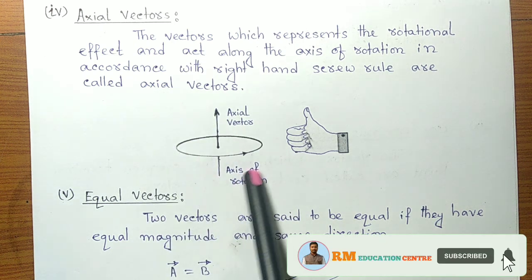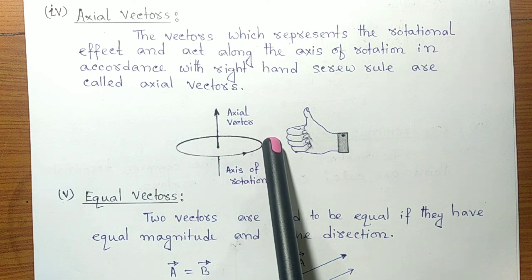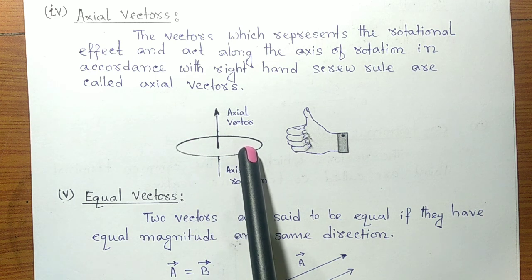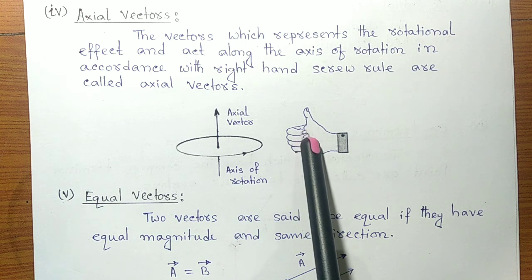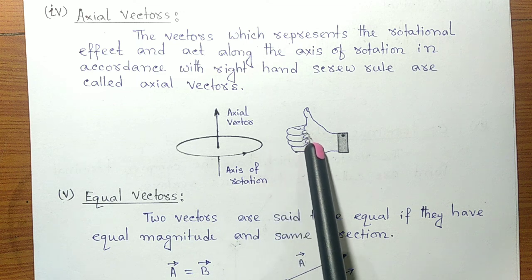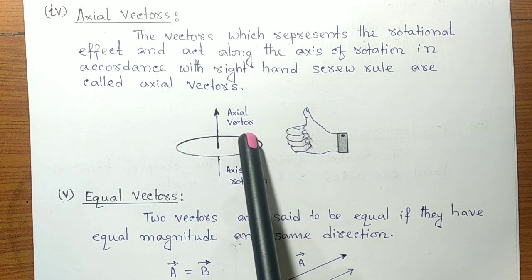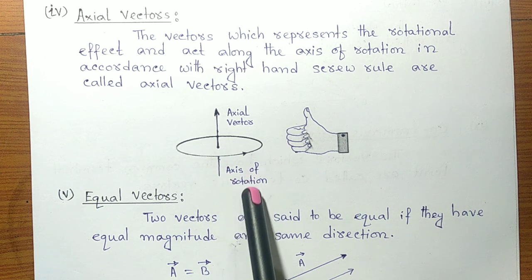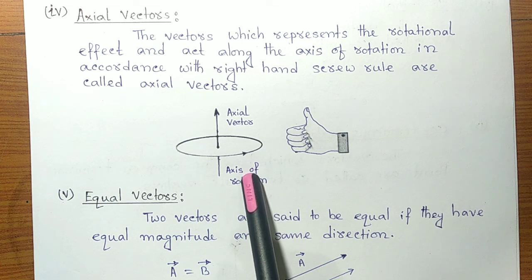When a body is rotating in a circular path, we have to put our right hand in such a way that our forefinger indicates the direction of motion of the body and the thumb will represent the direction of the axial vector, where this axis is called the axis of rotation. An axial vector does not have a starting point.